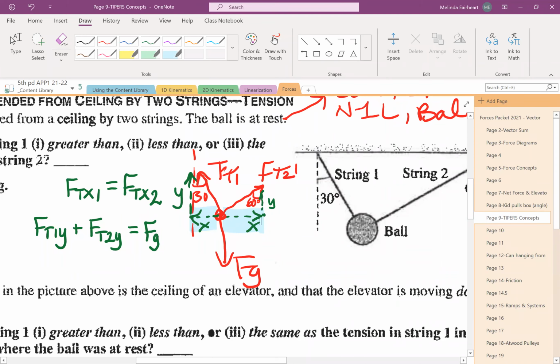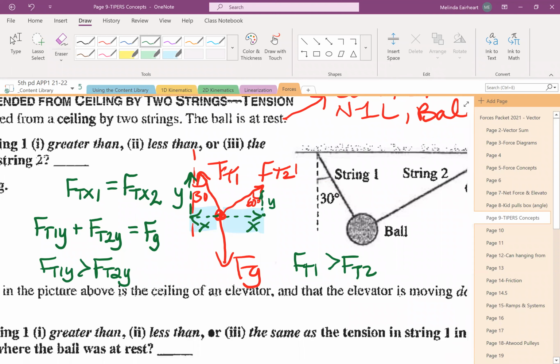And so it's going to have a greater hypotenuse if you were to do the Pythagorean theorem with those. Drawing it a little closer to scale, we can see FT1y is bigger than FT2y, which means FT1 would be greater than FT2. Good deal?